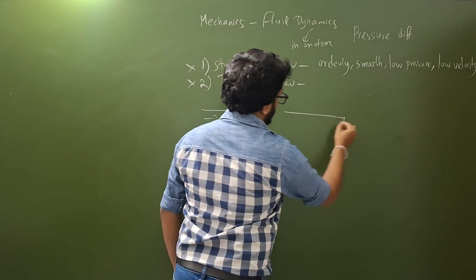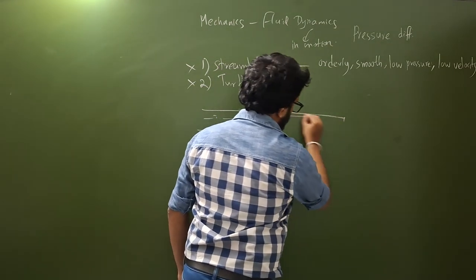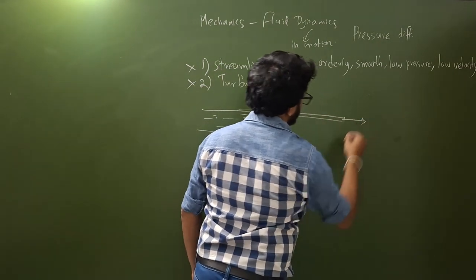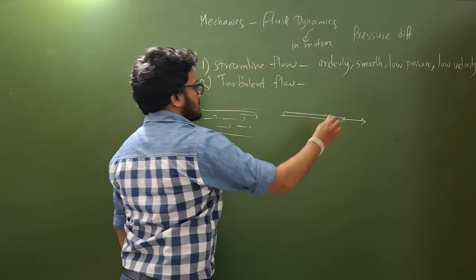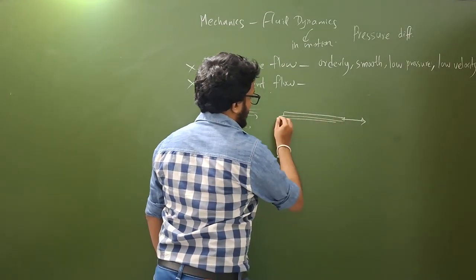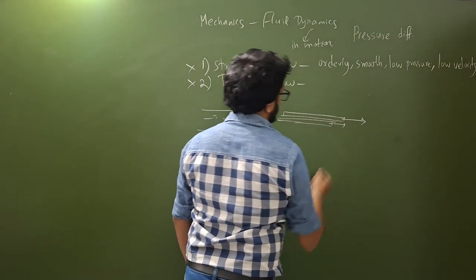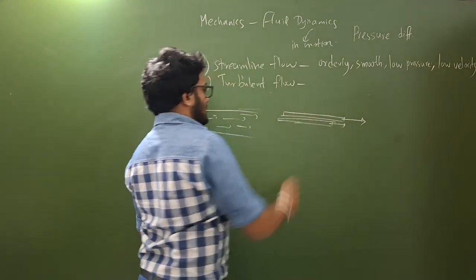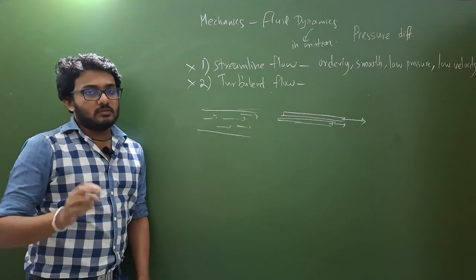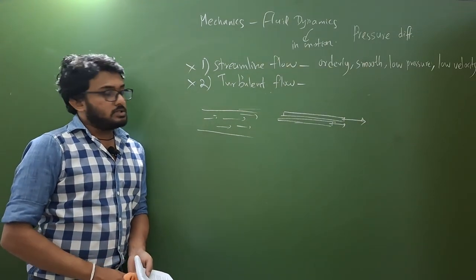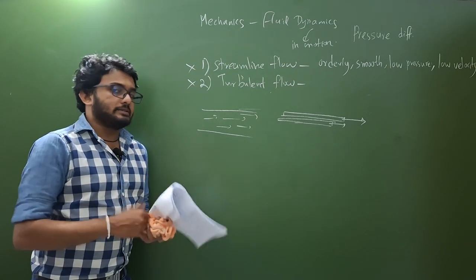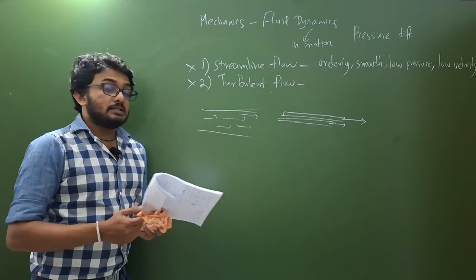That means we can say this layer, the velocity is to that side. The below layer, velocity is to that side. Likewise, these velocities may be different velocities or the same velocity. We can consider them as layers, liquids flowing as layers.